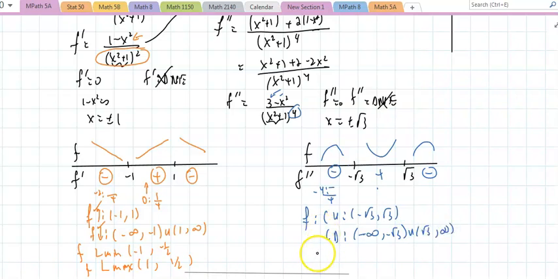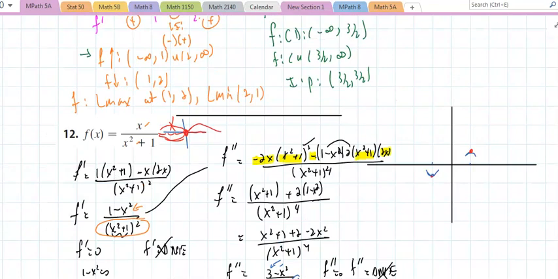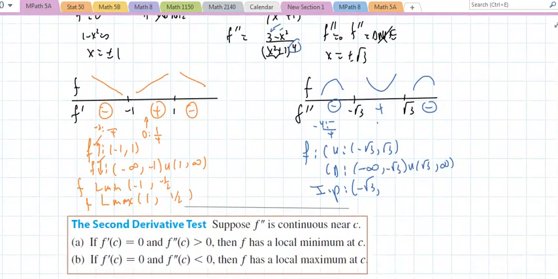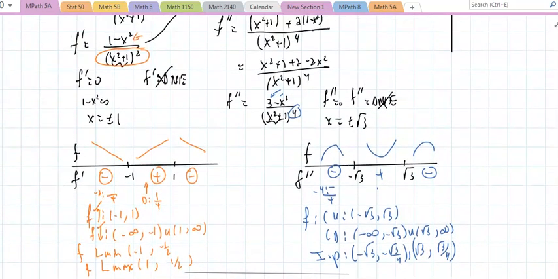And we have an inflection point, 2 of them. One at negative radical 3, and if I plug that into the original, negative radical 3 over 4, and radical 3 over 4, those will be my inflection points, and let me show you how that looks on the graph.